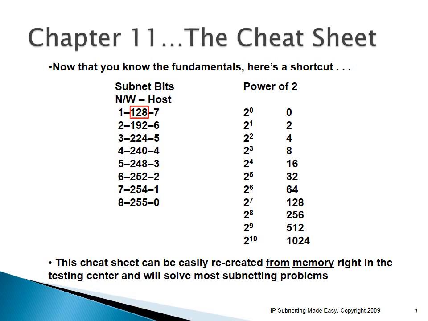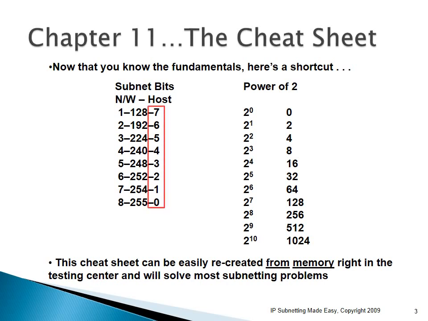In the case of the first line, 128 is a product of 1 network bit followed by 7 zeros. Line 2 is simply 2 network bits and 6 zeros. Line 3 consists of 3 network bits and 5 zeros, and so on.